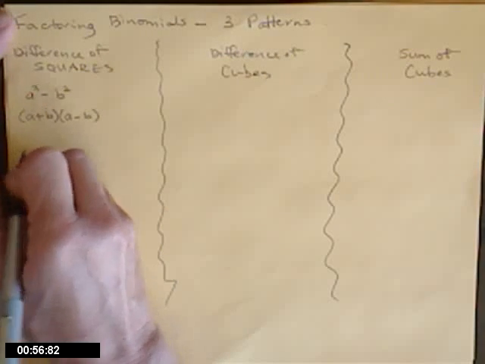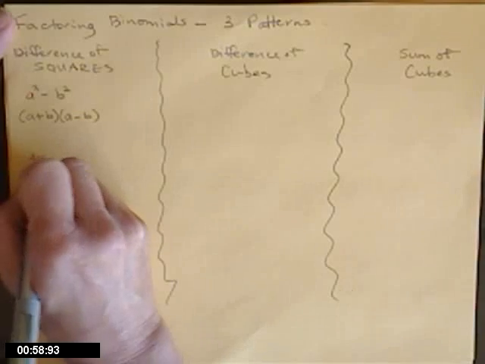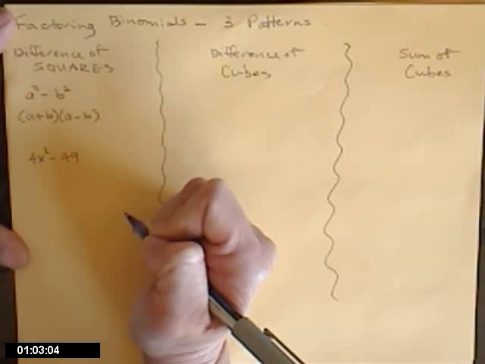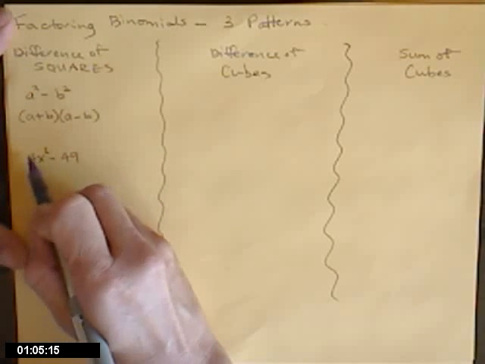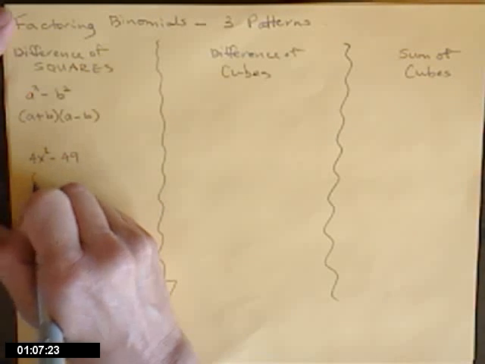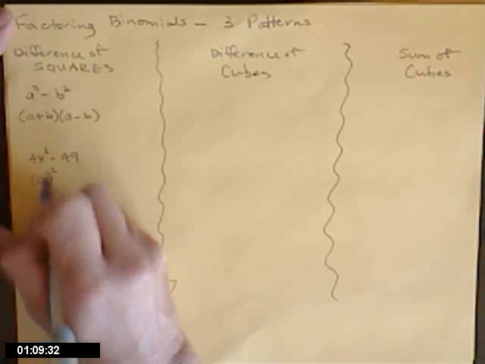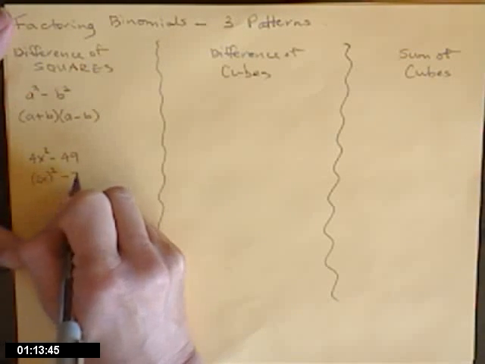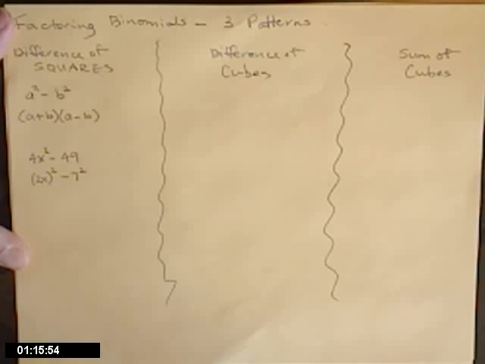So if I were to put an example in there, 4x squared minus 49. So 4x squared, that whole amount, is the same thing as 2x quantity squared, and then 49 is 7 squared.